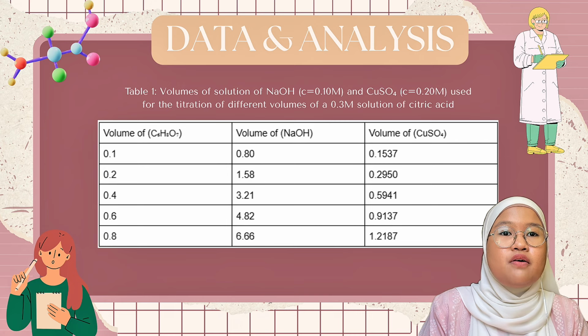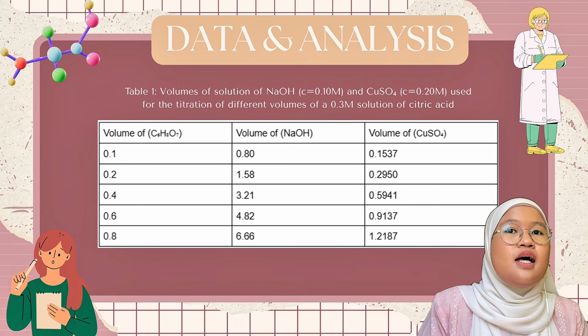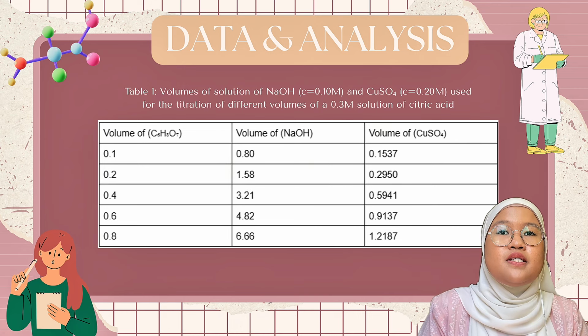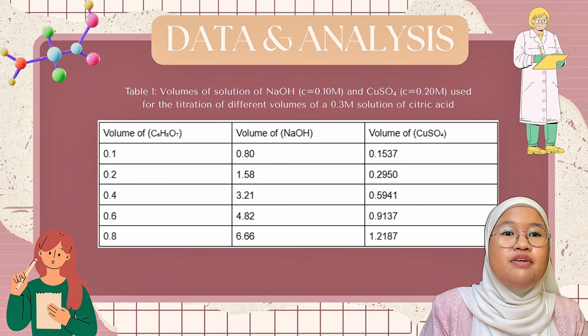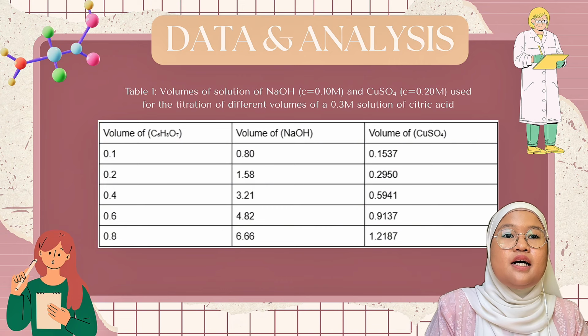So the volume of sodium hydroxide used and also the copper sulfate used in this experiment are different. As you can see, for the 0.1 volume of citric acid, 0.8 sodium hydroxide is used and 0.1537 copper sulfate is used.